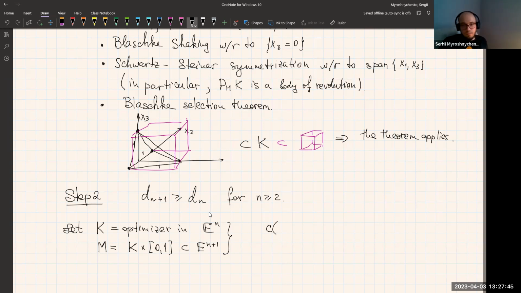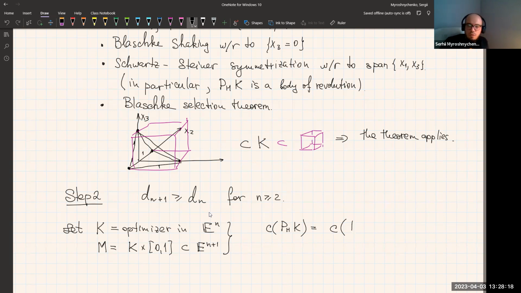The centroid of the projection of K on a subspace H, and by the way, who is H? H is the subspace, a hyperplane inside of E_n. This ends up being equal to the first coordinate, the projection on x1.